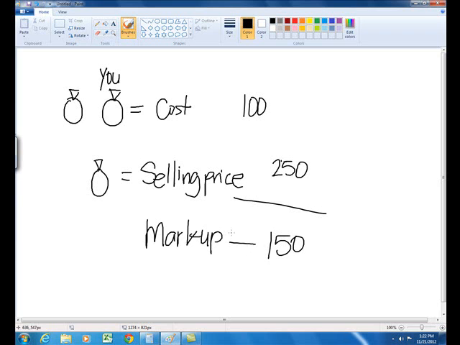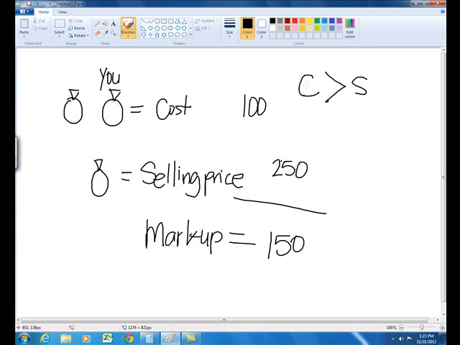So that's just a quick overview of what we're going to be talking about in the first part. One of the things that you'll want to always remember, and it's really easy when you consider it this way, is that your selling price should always be greater than your cost, because if it's not, then you're going to lose money. If you pay more for it than you sell it for, then every time you sell it, you would lose money.